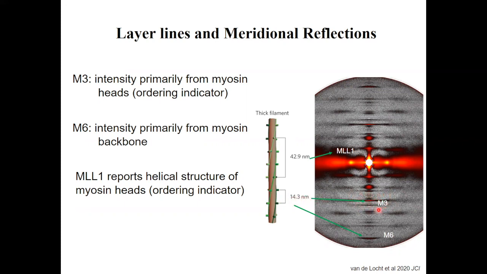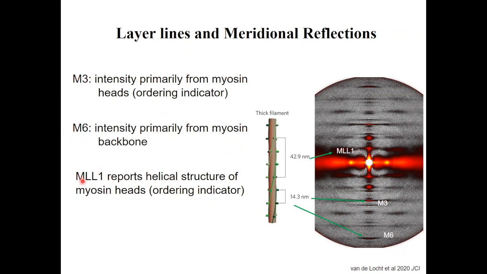Usually we just say this M3 spacing is 14.3 nanometers; it's more straightforward to understand. And for the higher order meridional reflection, M6, the intensity is mainly from the thick filament backbone. So if you want to make it simple, M3 is the head, and M6 is from the backbone.